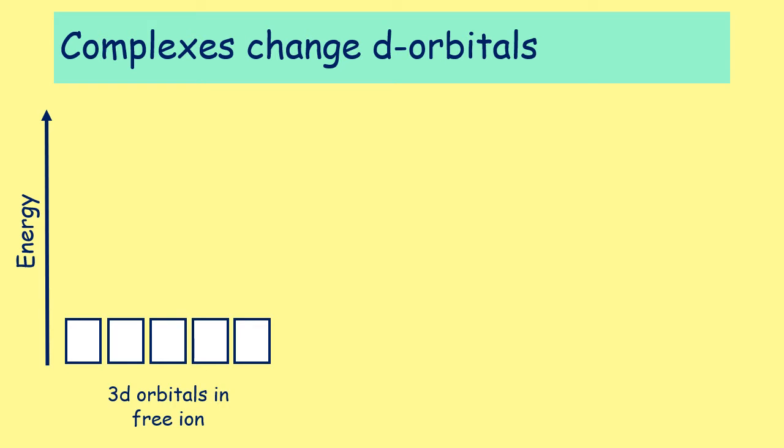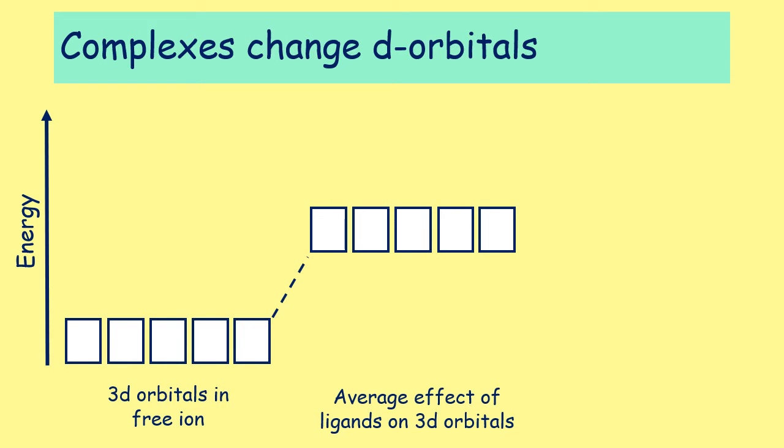As soon as you bond anything to another atom, because you're bringing electrons closer together, bringing two atoms closer together, the energy increases. So the average effect of bringing a transition metal from being a free transition metal into a complex is to overall raise the energy of the orbitals.